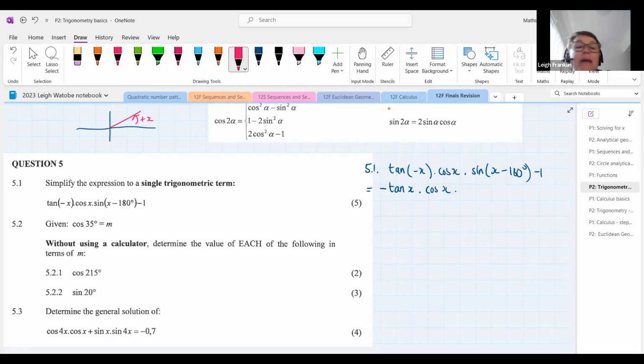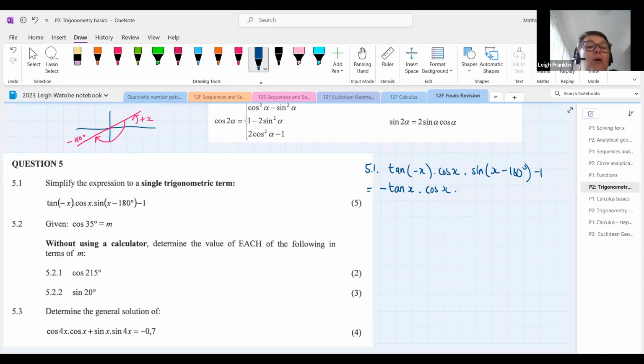Now, if I've got minus 180, the terminal arm swings in the opposite direction by 180 degrees. So we end up in quadrant number 3. So we've gone plus x in this direction and then minus 180 degrees in the other direction. So we've ended up in quadrant 3.